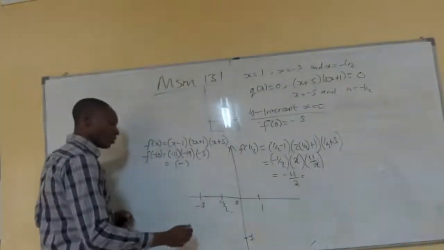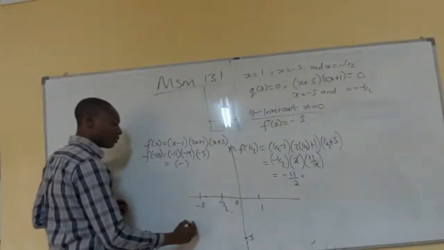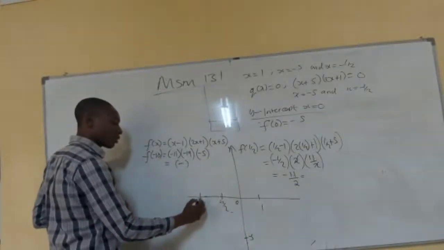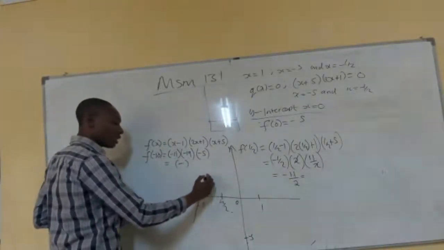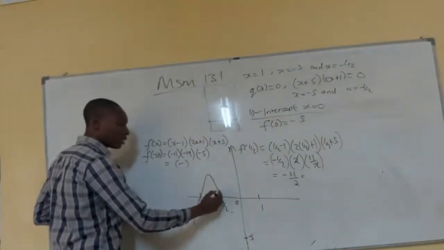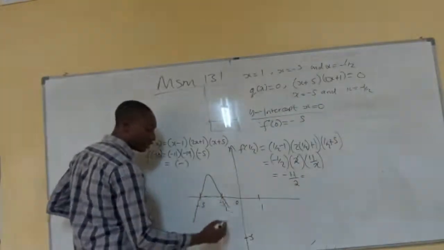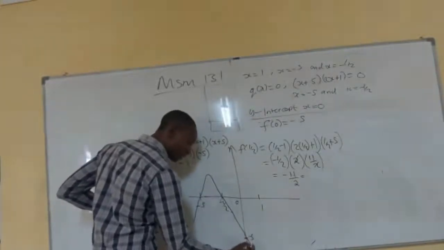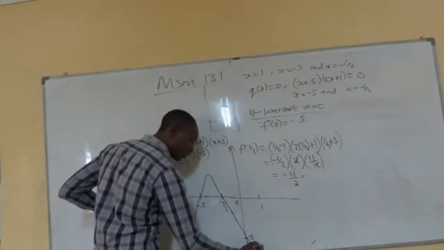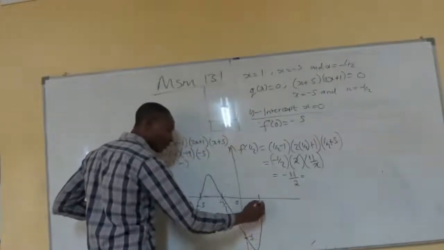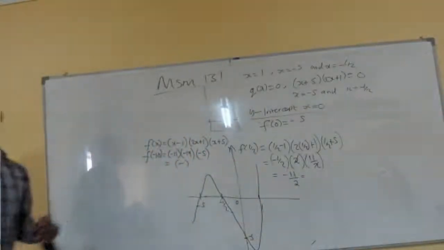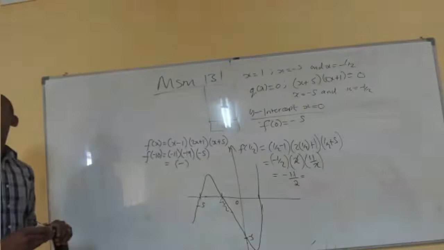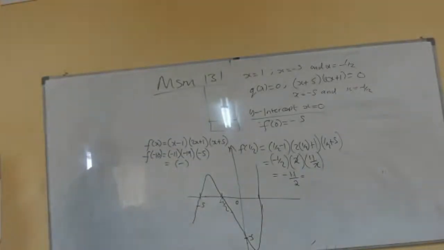So we are coming from here, we are turning there, going down, crossing, turning, going back, and passing through 1. So that is what we get.